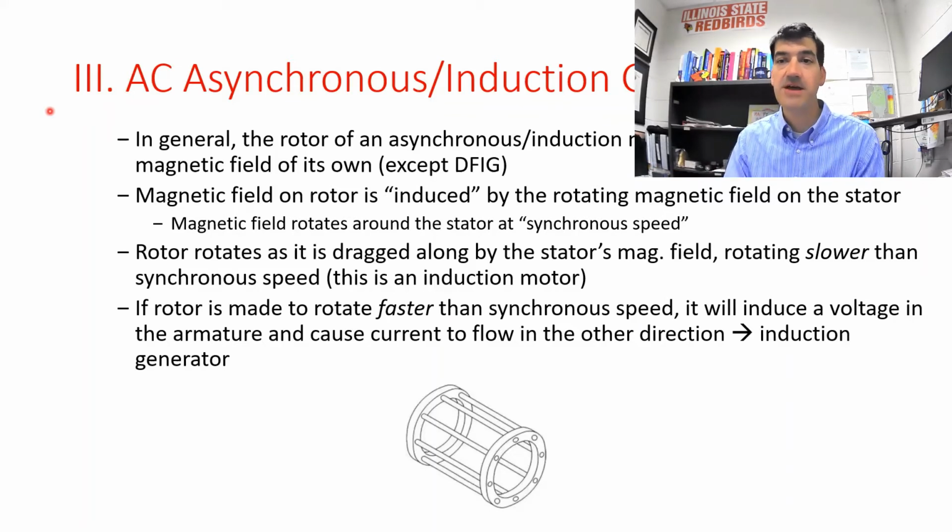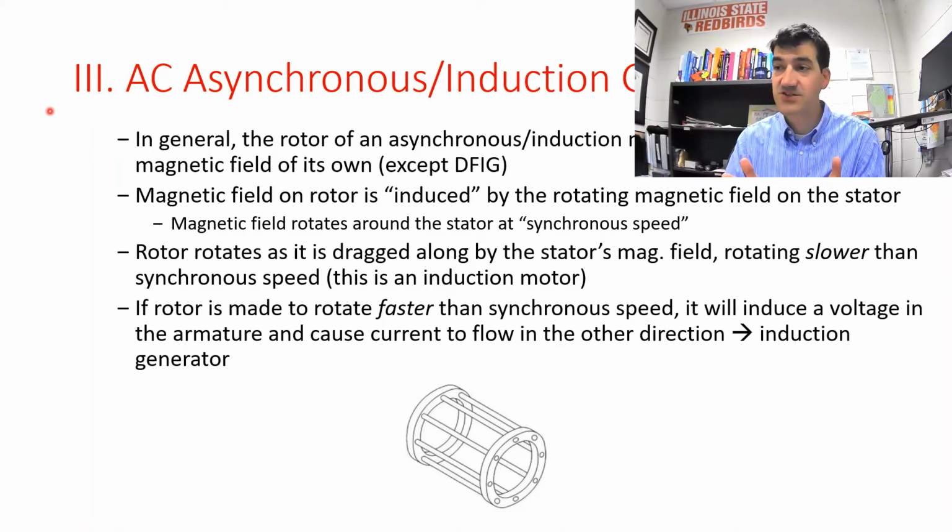But asynchronous machines operate a little bit differently. They don't work the exact same way, where if you increase the rotor speed by 2%, you'll get a 2% higher output frequency.